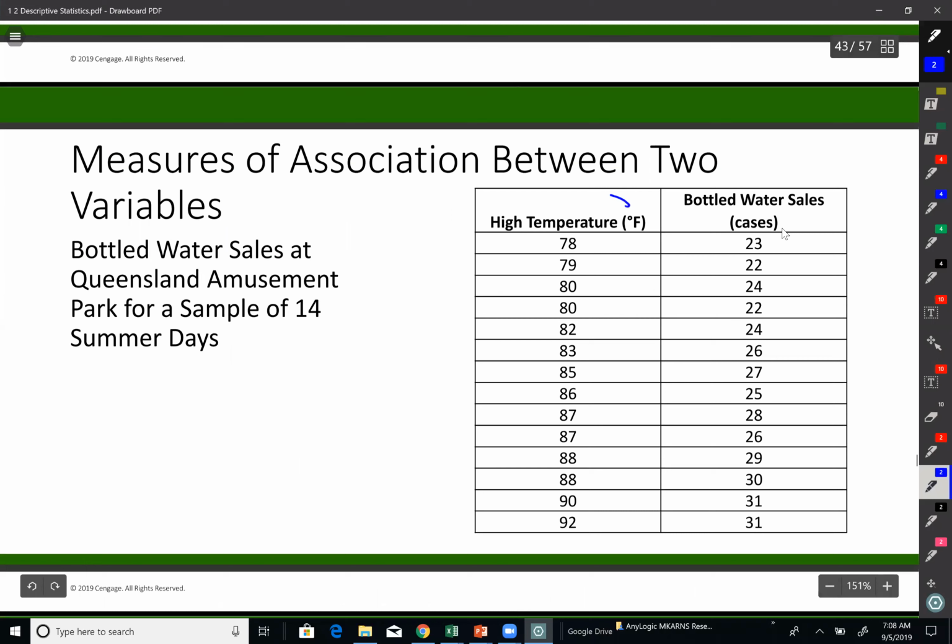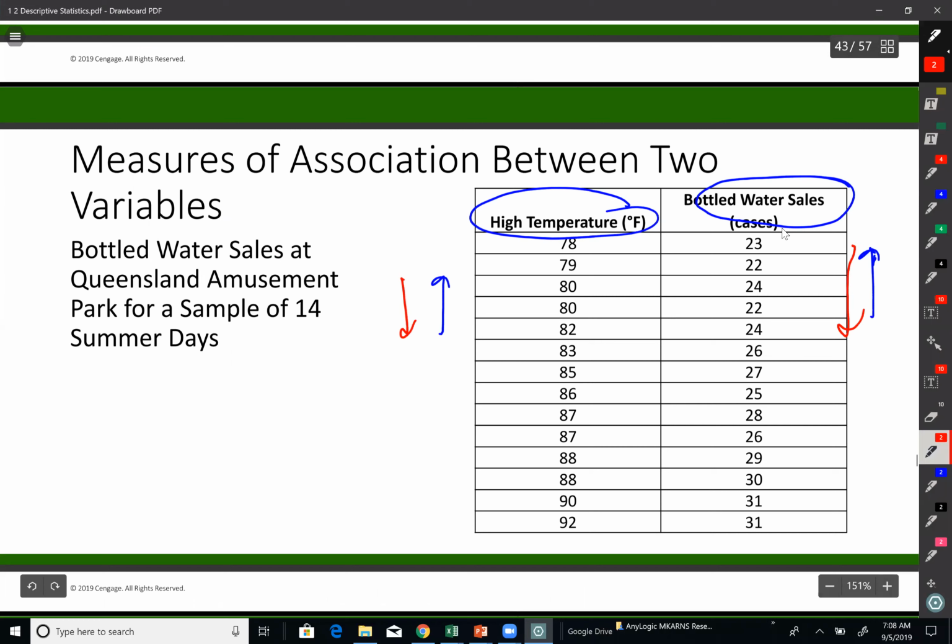I have here temperature data, and here I have bottle sales. And I want to know whether when the temperature goes up, that's my hypothesis, my water sales will go up, or when my temperature goes down, my water sales go down.